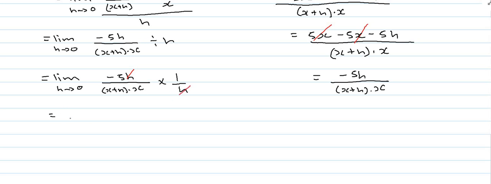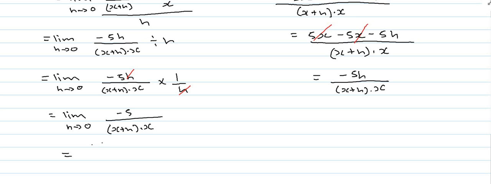We'll be left with the limit as h approaches 0, negative 5 over x plus h multiplied by x. Then we can substitute 0 where we see h.